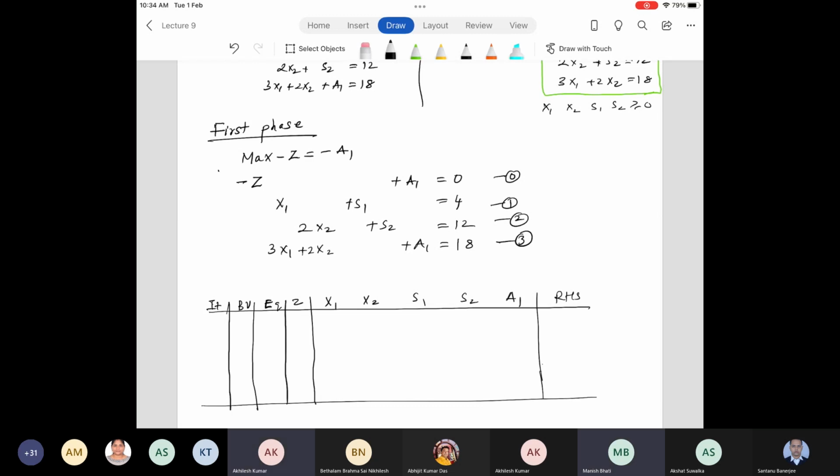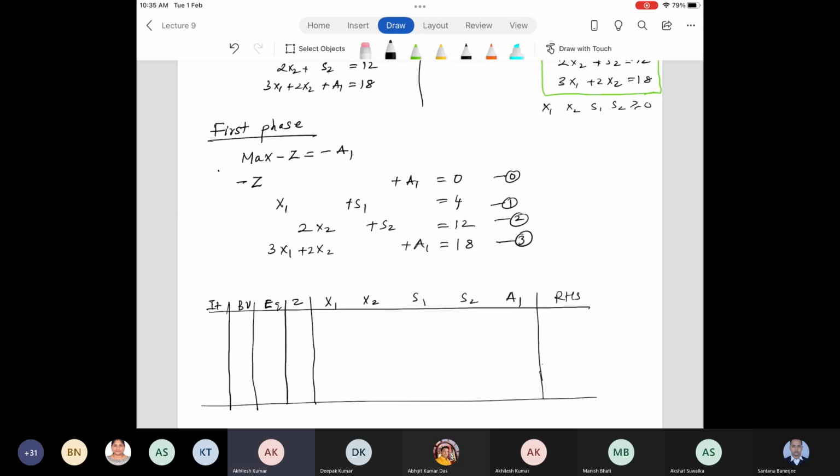Got it, sir. Okay. Now, there is an issue. I cannot initialize my simplex table. What is that issue? Can you tell me? Okay. We do not have a canonical form if we put it in the table. Okay. So what I need to do? In that case, we need to add an artificial variable in equations 1 and 2 as well. What, Deepak?